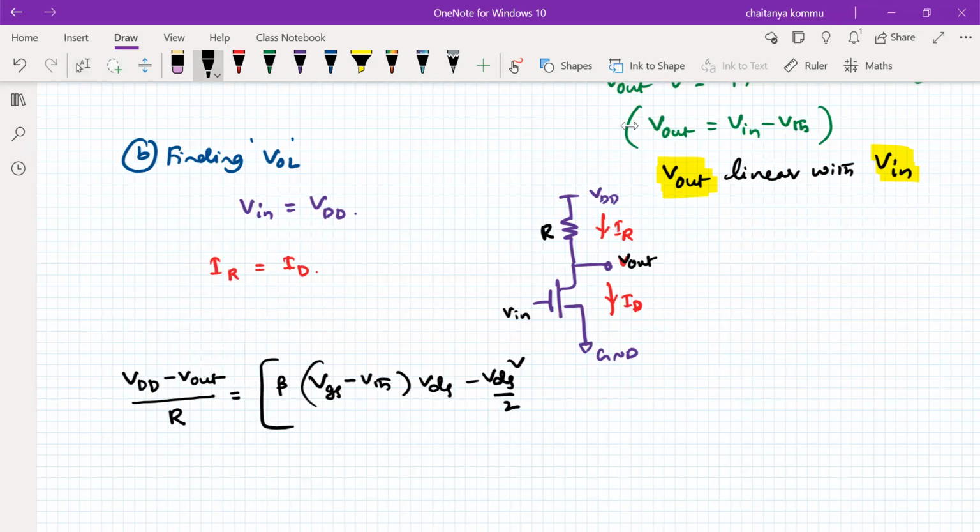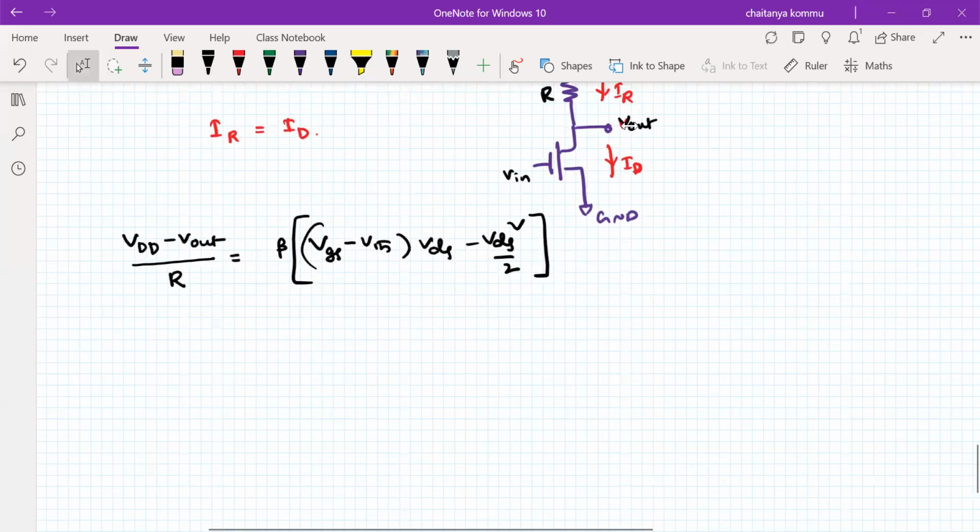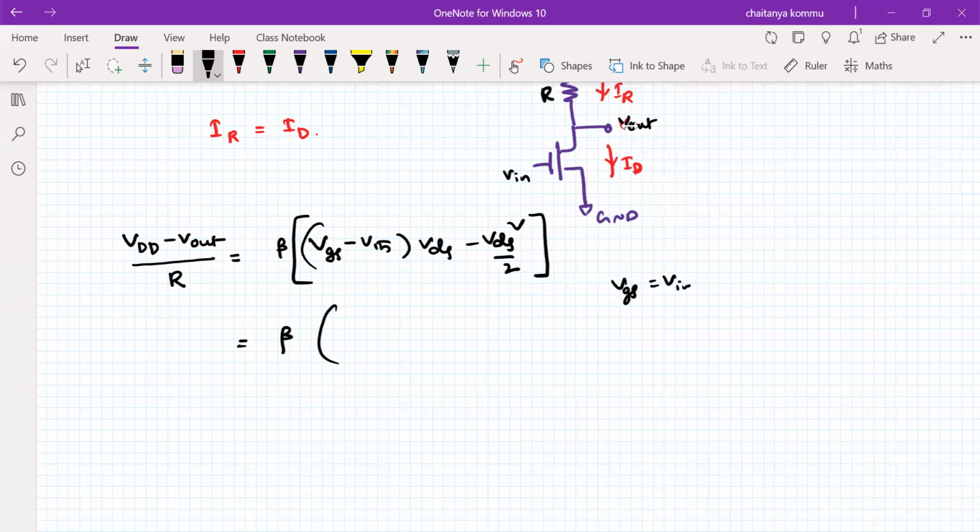So what is this VDS value? Sorry, I need to write the brackets at this point. Now we have to derive what the VGS and VDS values are at this point. So beta is multiplied with, what is the VGS? VGS stands for VIN minus VS. VS is 0. It is nothing but the input voltage only.